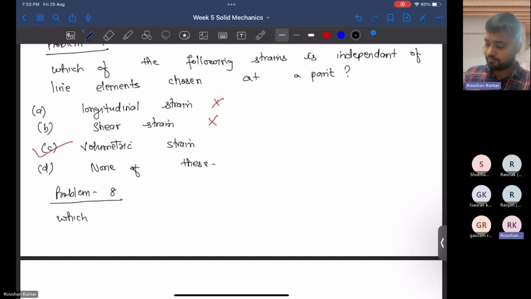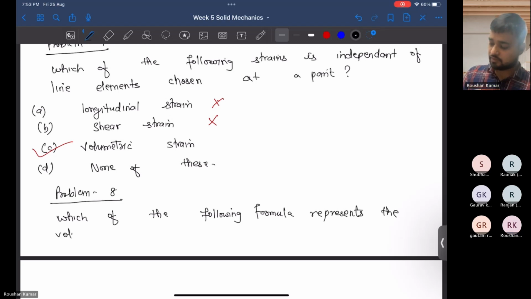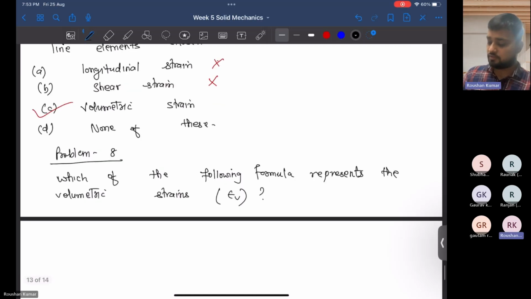Which of the following formulas represents the volumetric strain? The first option: determinant of F minus 1.